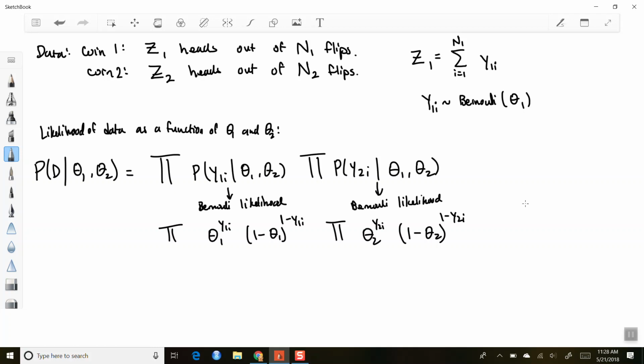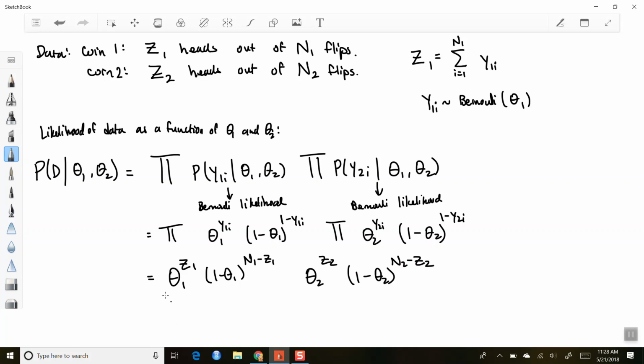Those are just your Bernoulli likelihoods, and then you've got the product of all of these things. So you're going to get theta 1, and then you sum up all of these, and that becomes z1. And you get 1 minus theta 1, and you sum all of these up, and you get n1 minus z1. And over here you get theta 2 to the z2, and over here you get 1 minus theta 2 to the n2 minus z2.